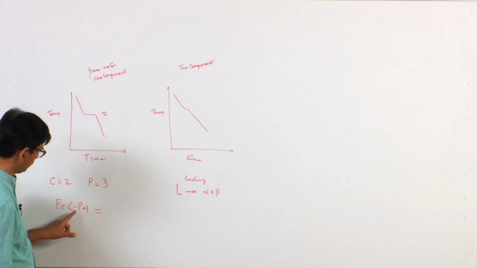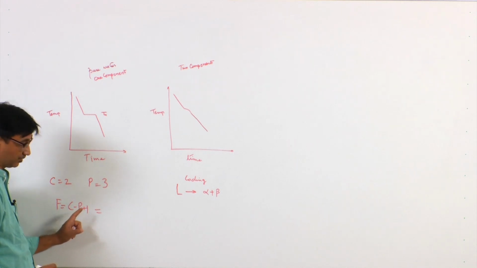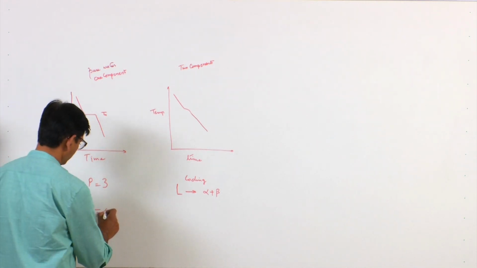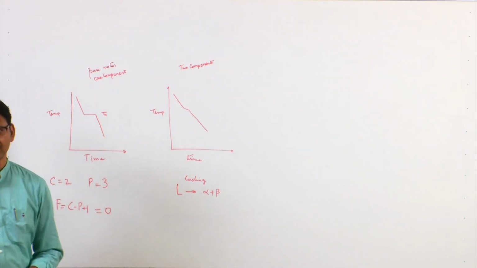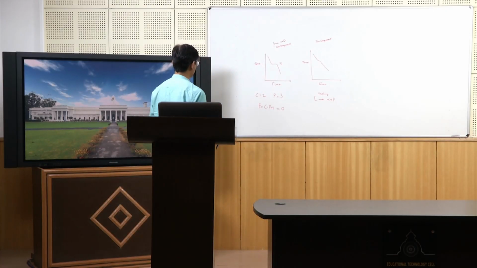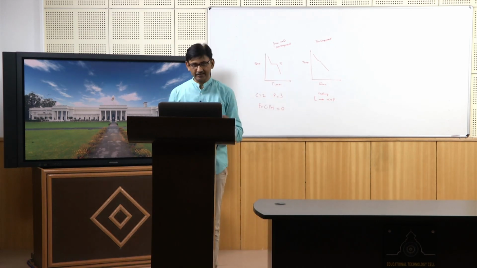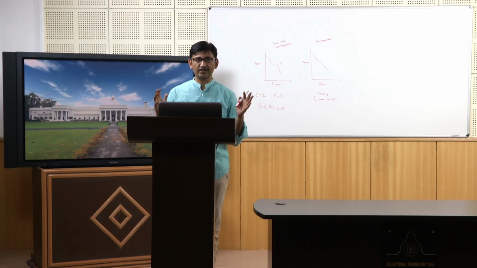So, it will be 2 minus 3 plus 1; 2 minus 3 is minus 1, minus 1 plus 1 is 0. So, you have a degree of freedom of 0. That is why at the eutectic point you get a temperature profile like this. That is an invariant reaction, meaning the degree of freedom is 0.